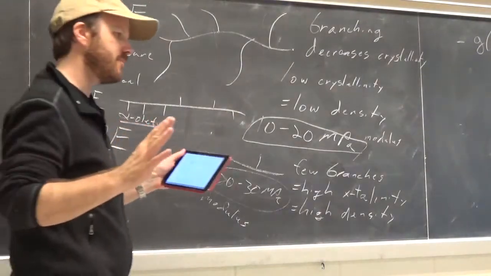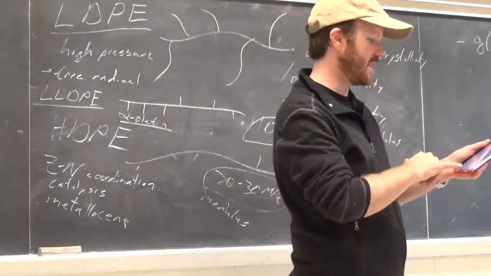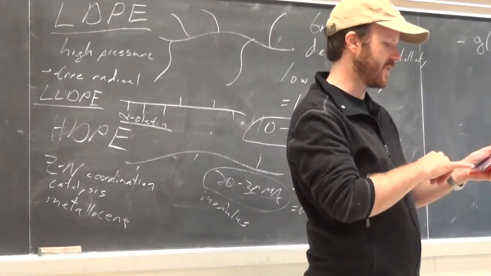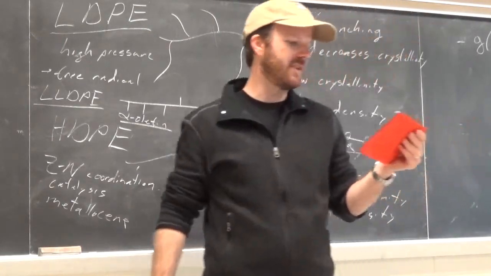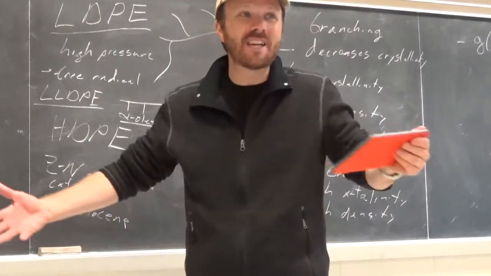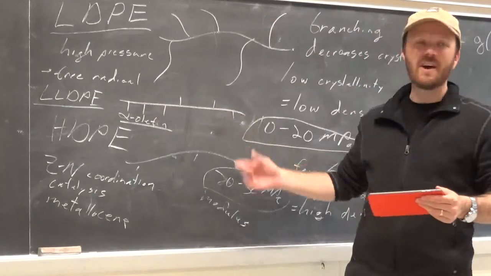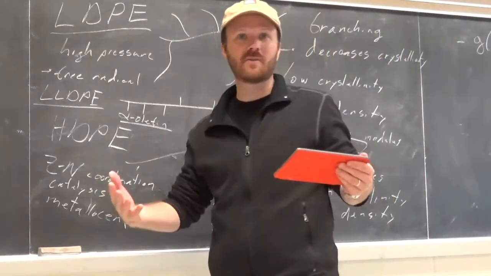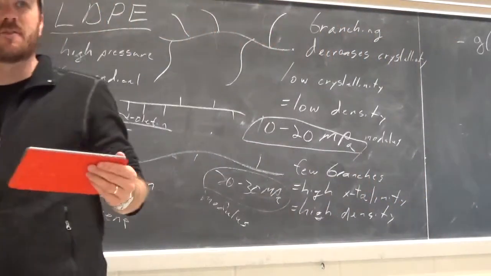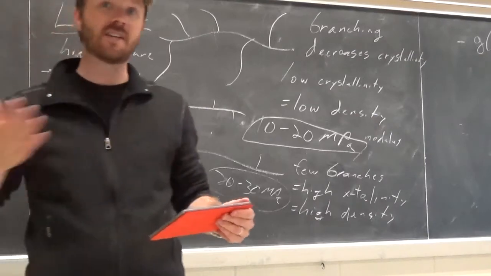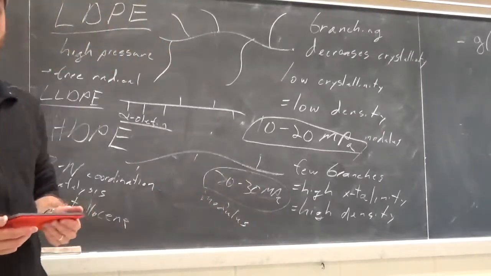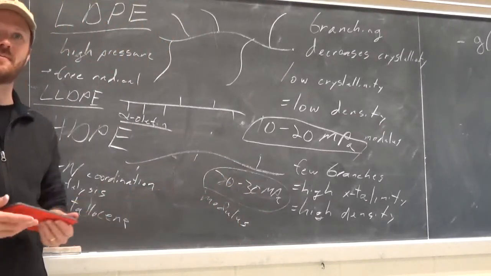On slide number 7, it says there's something called medium density polyethylene, which is just taking away more alpha olefin content. Linear low density polyethylene is really versatile because you can move the density around depending on the comonomer content. That's why it's used a lot now.